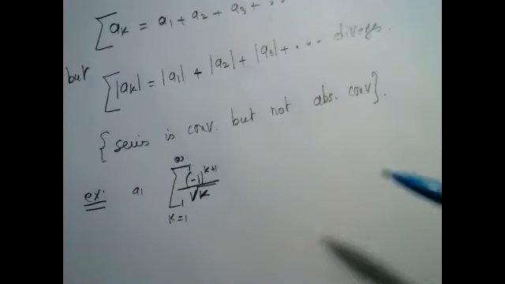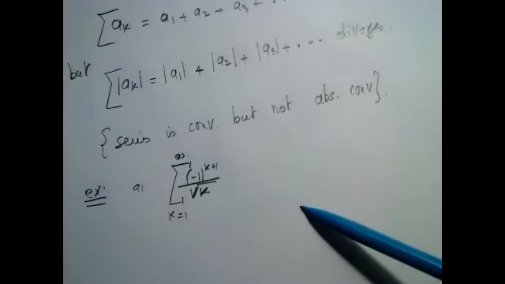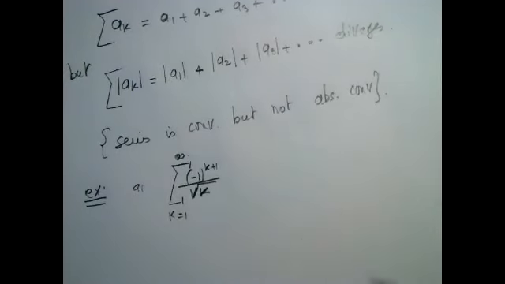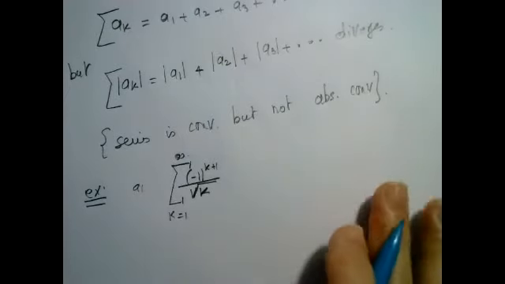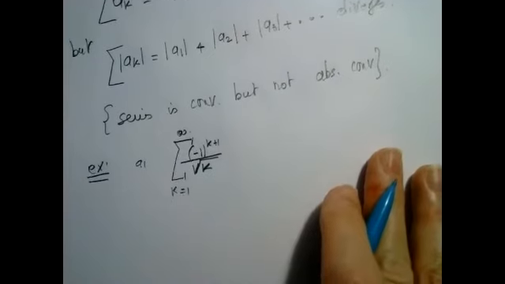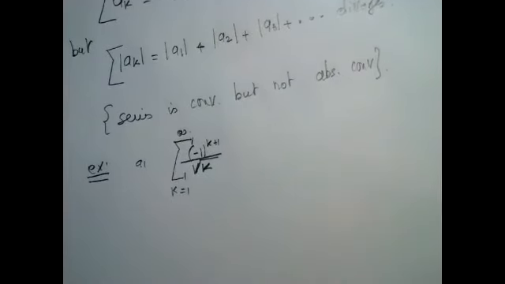Is it conditionally convergent, yes or no? I started with a fairly simple one. Do you think it's conditionally convergent? Yes, anybody else besides Elizabeth? Convergent. Is it conditionally? What do I mean? Okay, let's check.